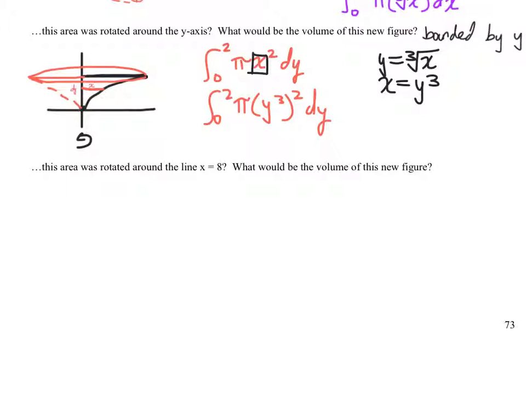So that's the idea there. Now I'm going to spin around the line x equals 8. I'm going to take just the function and spin it around the line x equals 8.